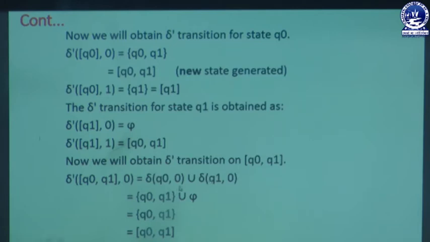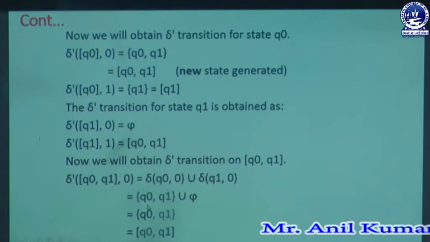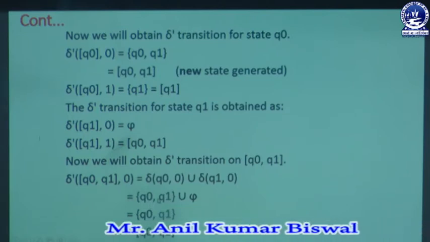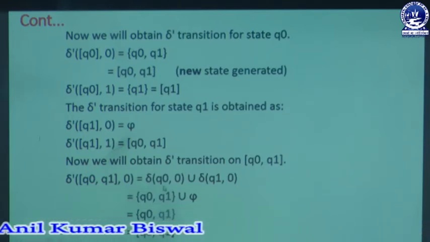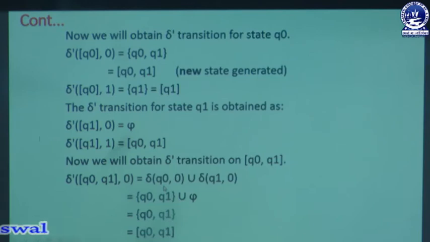In this way we are forming two transition states, and these must give some output. Whenever the user puts 0 to Q0, we get a state like Q0 and Q1. Similarly, whenever the user puts 0 to Q1, it creates phi.